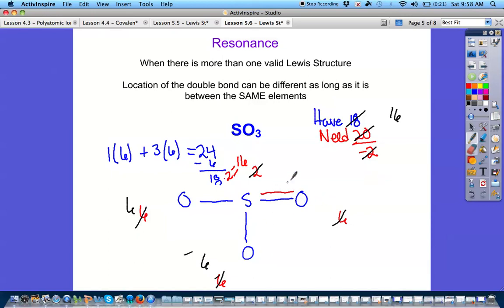This oxygen is now sharing 4, so it needs 4. And then sulfur now has 2, 4, 6, 8, so it does not need any. So 6 plus 6 is 12, plus 4 is 16, so we have 16, we need 16. So now we can just apply the dots to our Lewis structure.